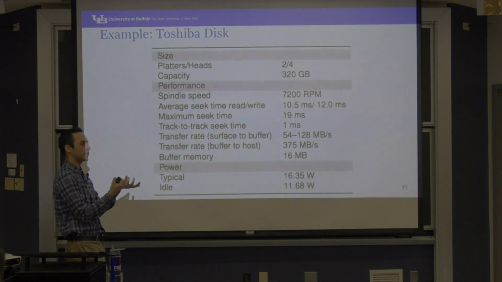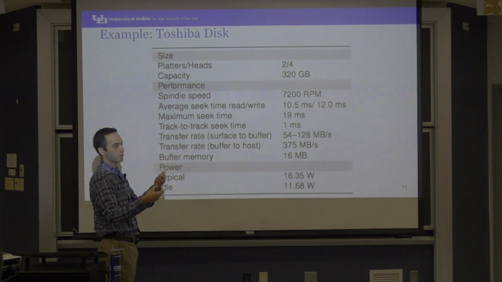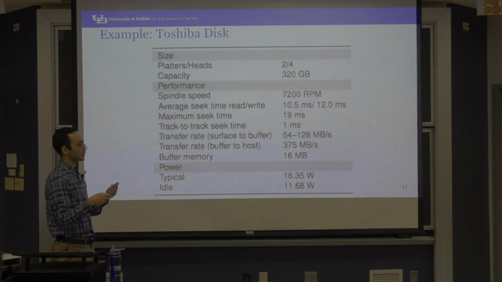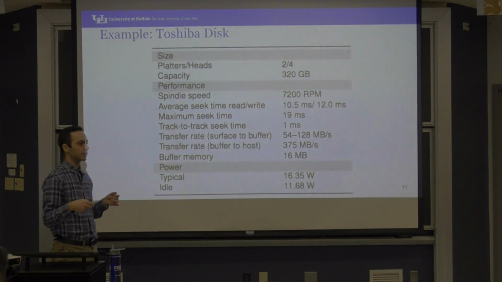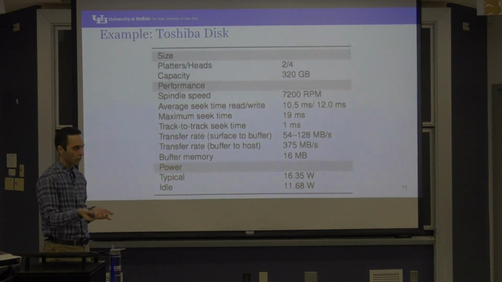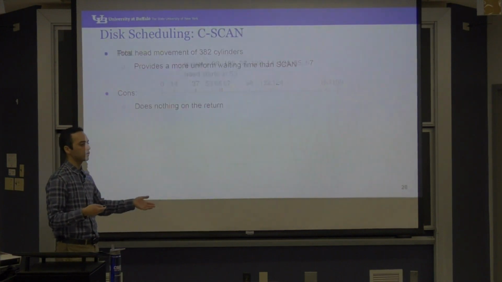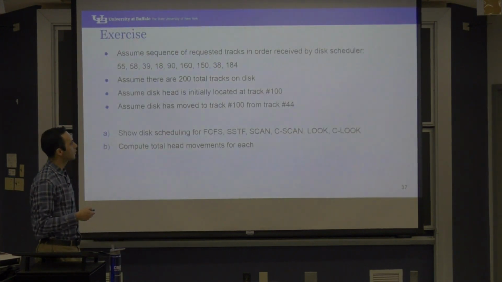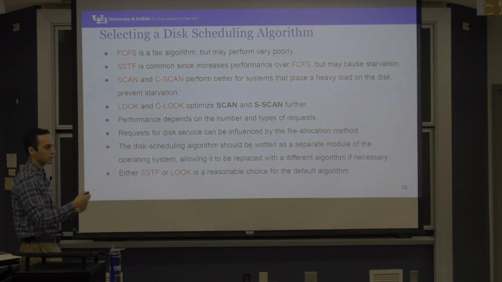The average is calculated by randomly distributing and then getting an expected value. The distance would definitely be less than this. However, the time is more than that, and that is because, again, of the acceleration and deceleration. So that's why something like that makes sense, because you just move, ignoring all the rotational latencies and all the stops and starts.